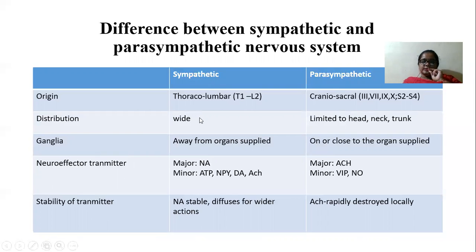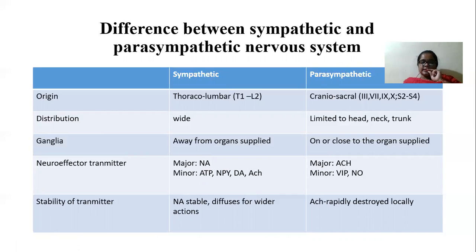Next, the neuroeffector transmitter. In the sympathetic nervous system, the major neurotransmitter is noradrenaline, and the minor neurotransmitters are adenosine triphosphate, neuropeptide Y, dopamine, and acetylcholine. In the parasympathetic nervous system, the major neurotransmitter is acetylcholine.